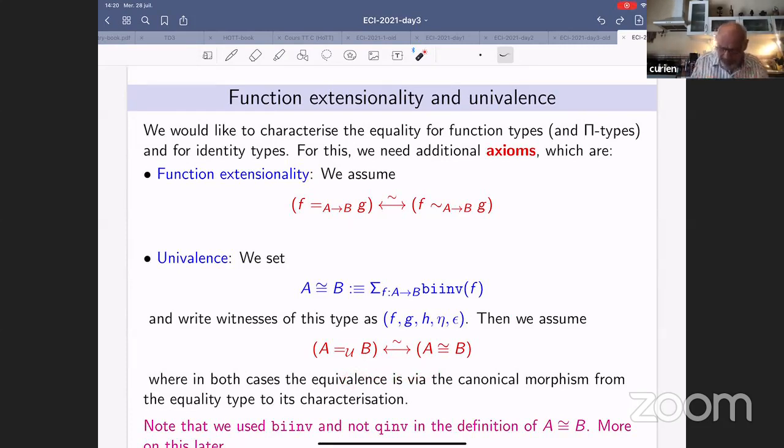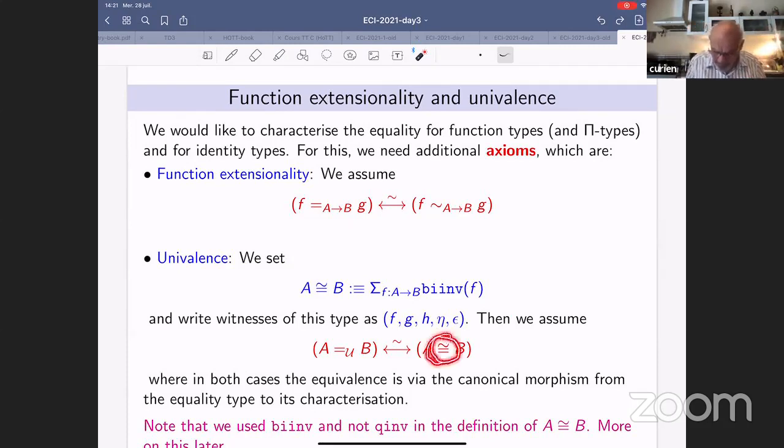Where I cannot use Q-inv is when I encapsulate the information of being equivalent in a type. This is where it becomes dangerous. But when it remains at this level, to prove that two types are equivalent, because it's all about being able to prove it, then whatever logically equivalent way of proving it is okay. So this is why I insist on having two symbols.